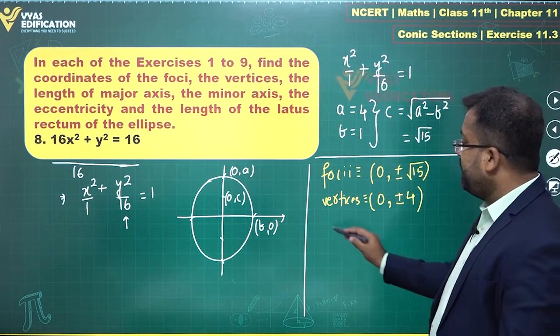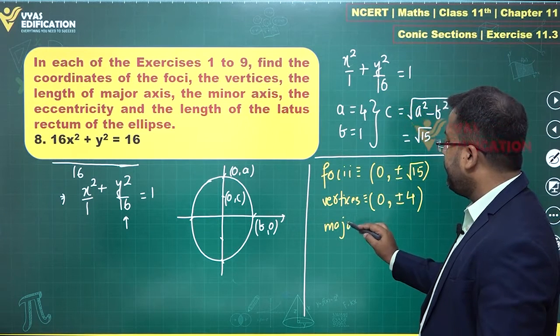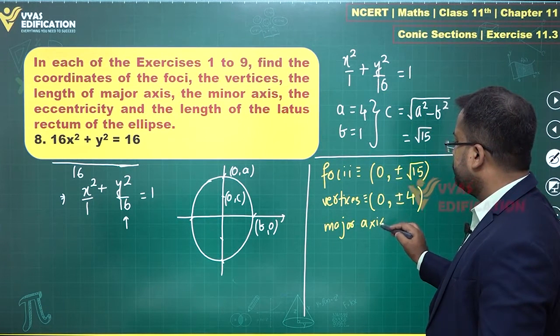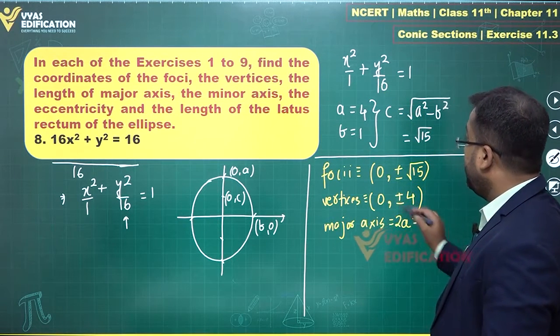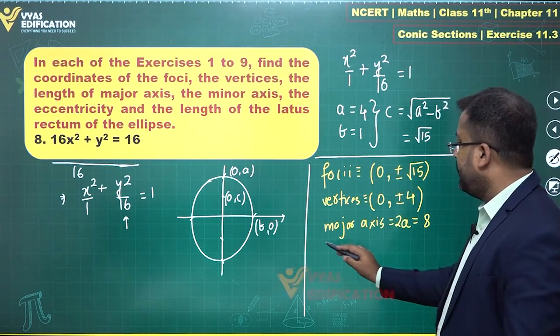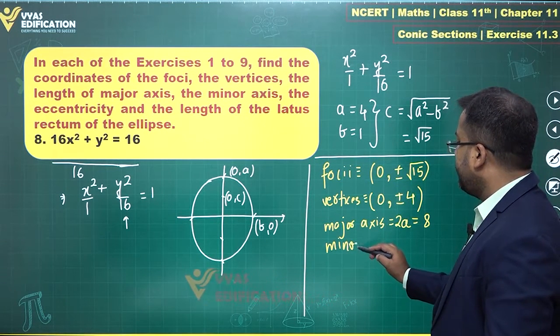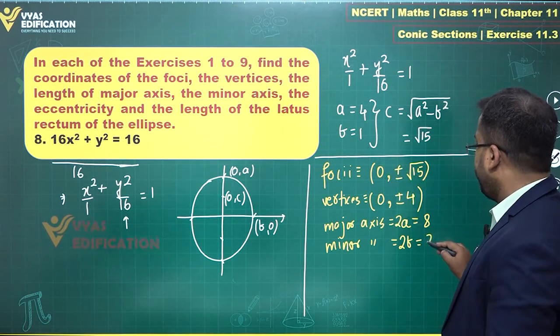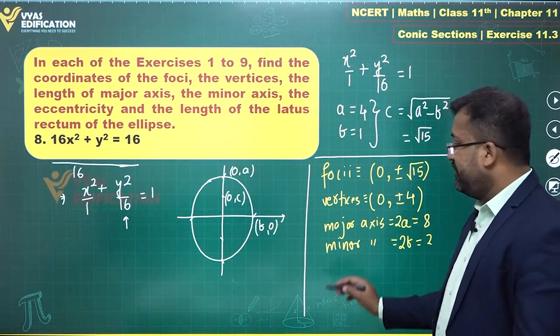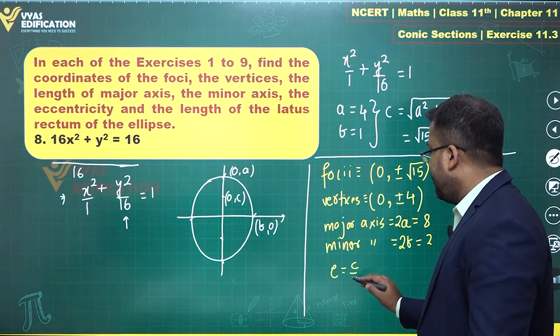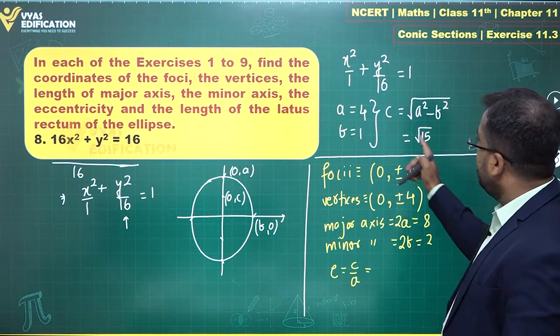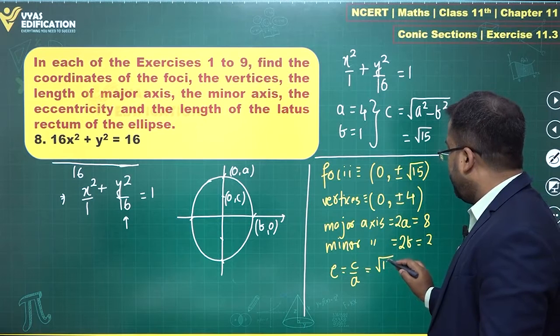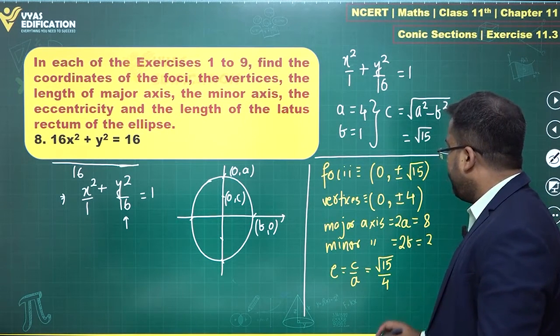Next, we need the major axis and minor axis. The major axis is 2a, and that becomes equal to 8. The minor axis is 2b, and that is equal to 2. Eccentricity, which is c by a, is root 15 upon 4.